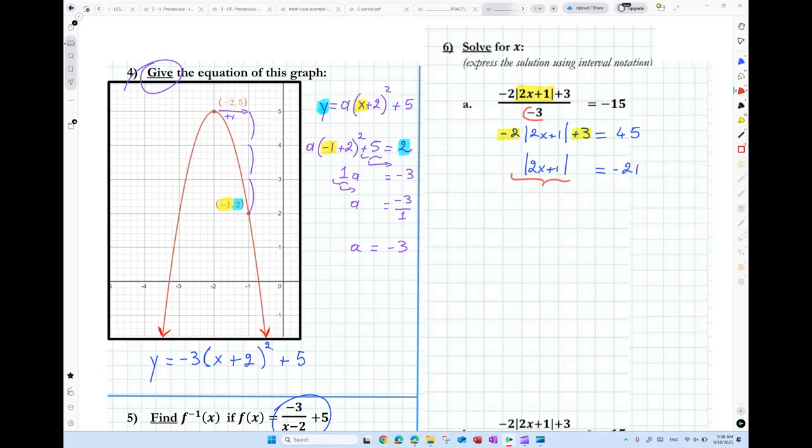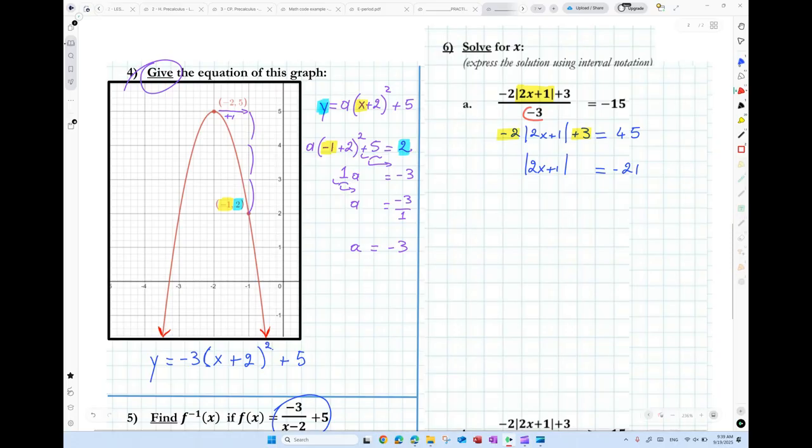And then, in that case scenario, whenever you have a negative number on the other side, you need to ask yourself the question, is it always possible or never possible? The absolute value is necessarily a positive value, and a positive value cannot be equal to a negative value.